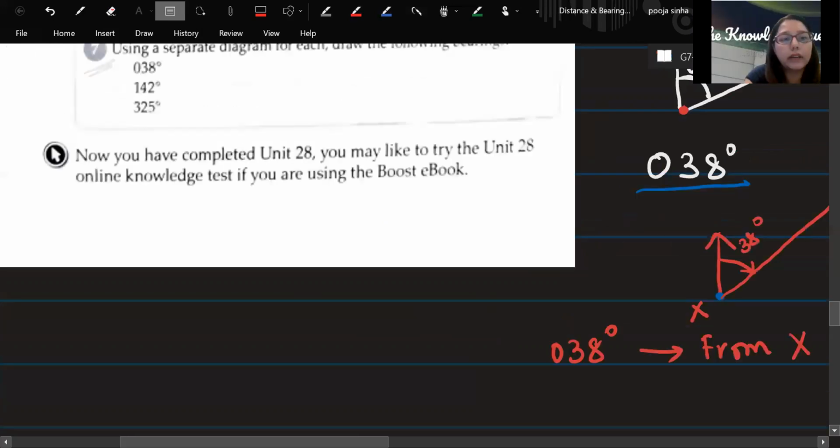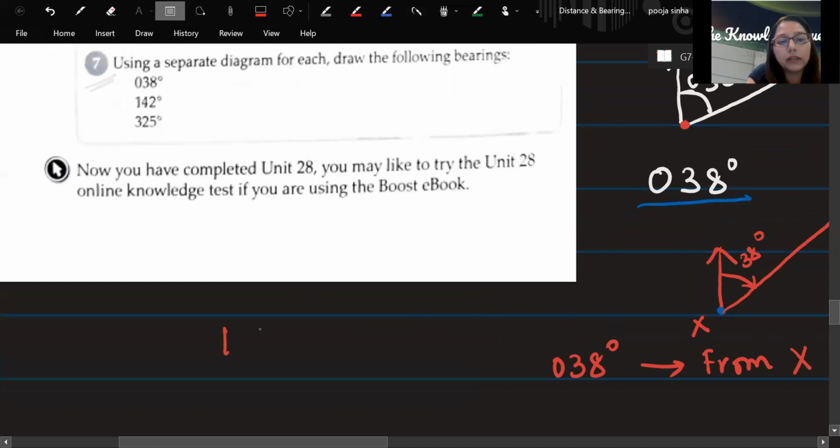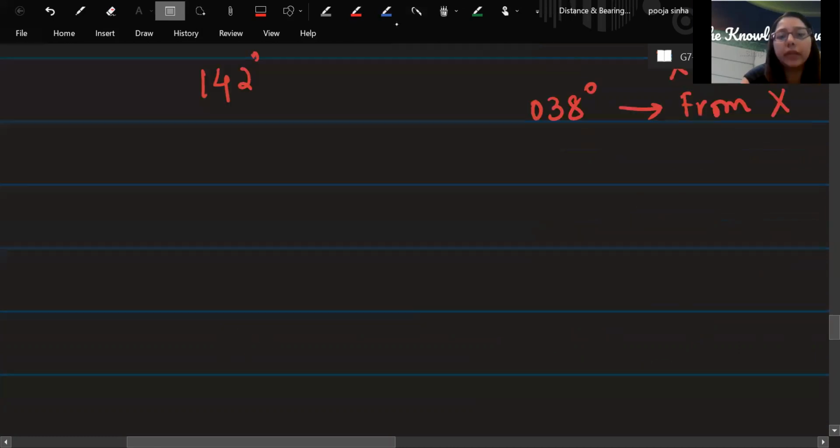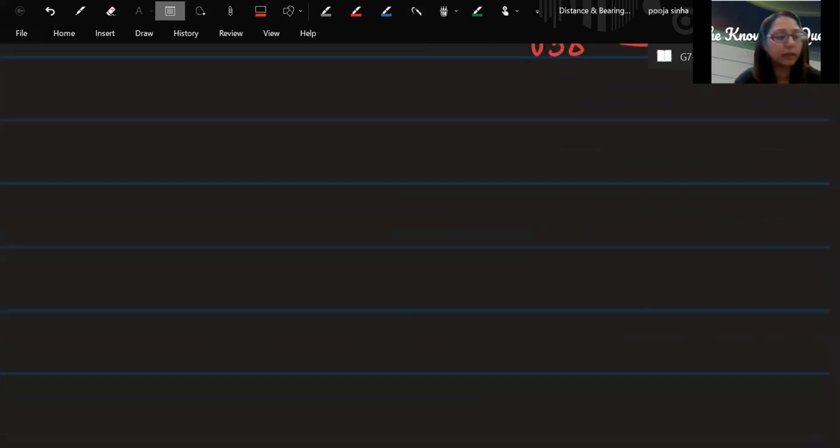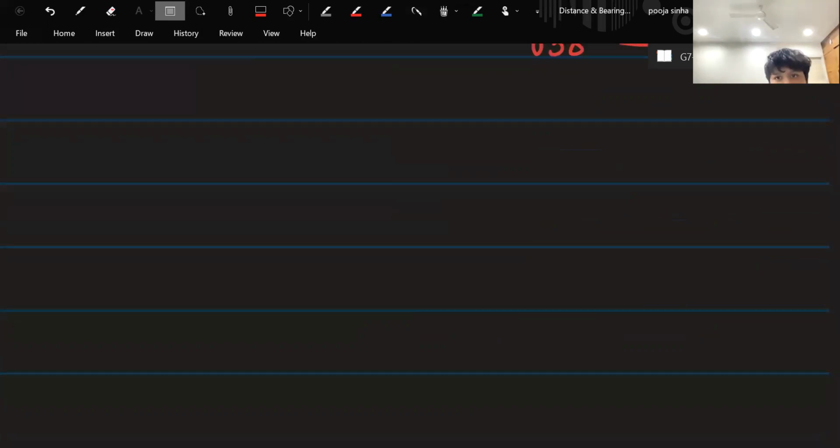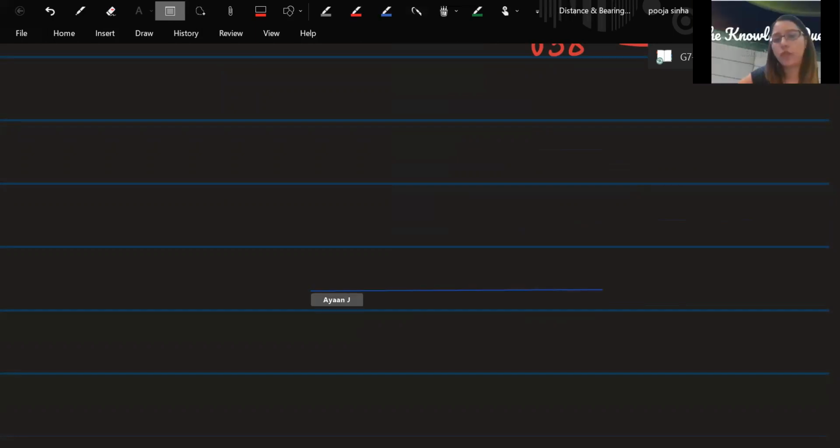Now, Ayan, show me 142 degrees. Both of you will annotate on my screen. 142. Annotate. I'm not sure if this is correct, but will it be like, wait, 142?